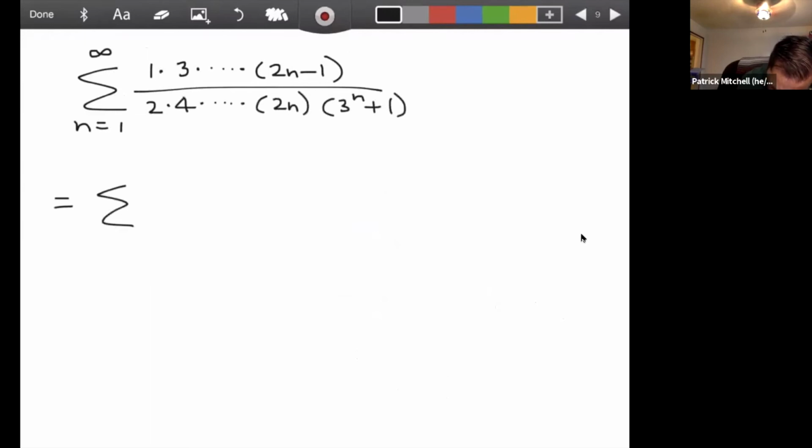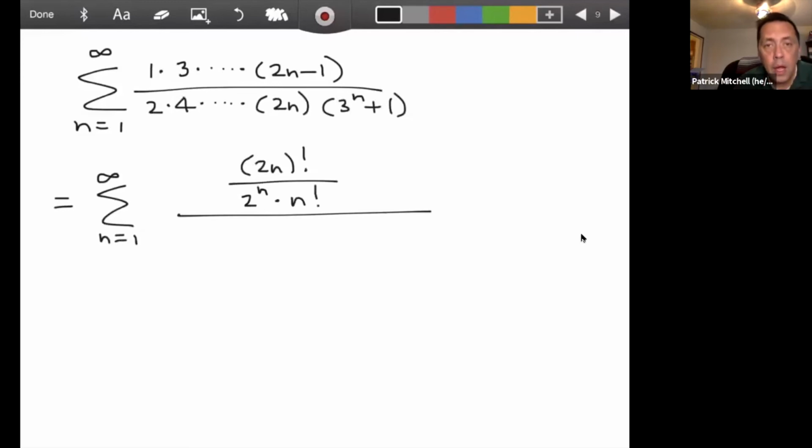What we know now is that we can write the odd number factorial as 2n factorial divided by 2 to the n times n factorial, and we can write the even number factorial as 2 to the n times n factorial. And then we have this 3 to the n plus 1.